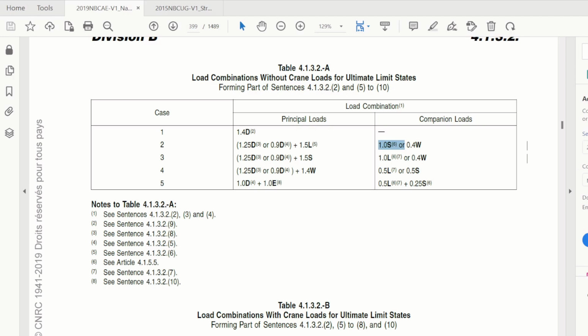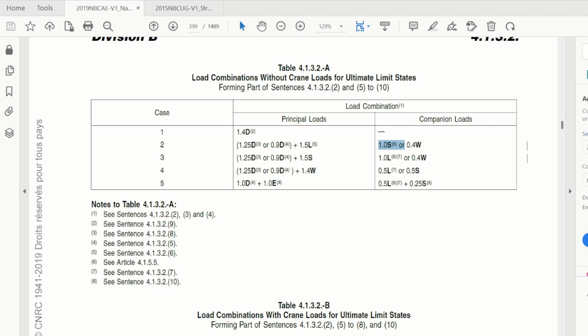Plus, this time it is the live load which has a load factor of 1. Like I said, there is no live load. Therefore, the governing load combination is this one: 1.25 dead load and then 1.5 snow load.